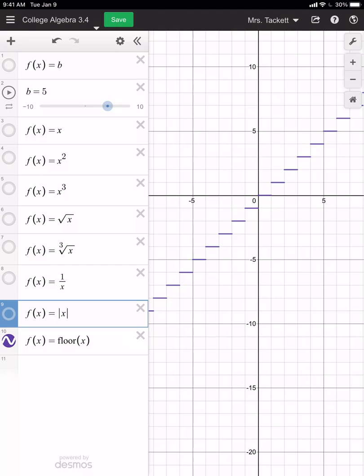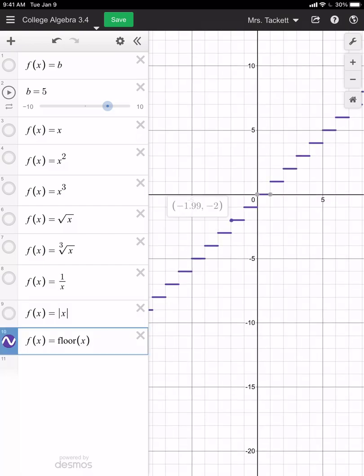So the right end of each step, sometimes this is called a step function, the right end of each step, like where I am now, actually is an open circle there. So it's not quite showing it, but what it does is it jumps to the next integer. So -2, -2, -2 for your y value, jumps to -1, -1, -1, and so on. So it keeps doing that.